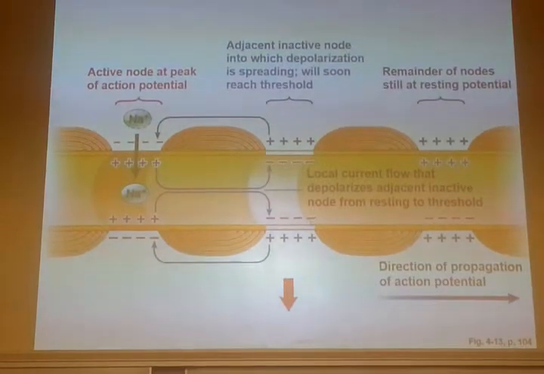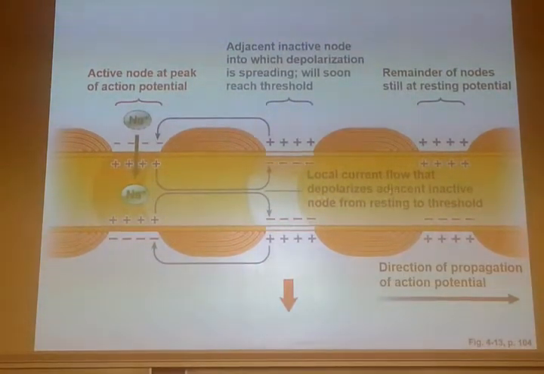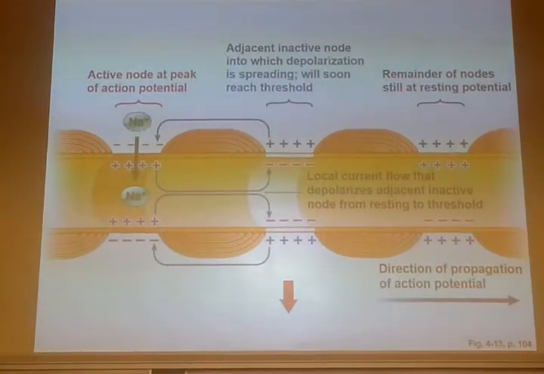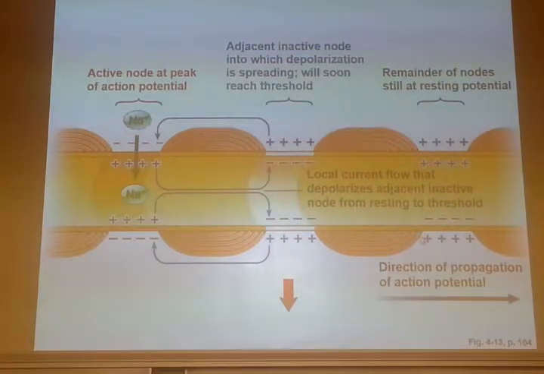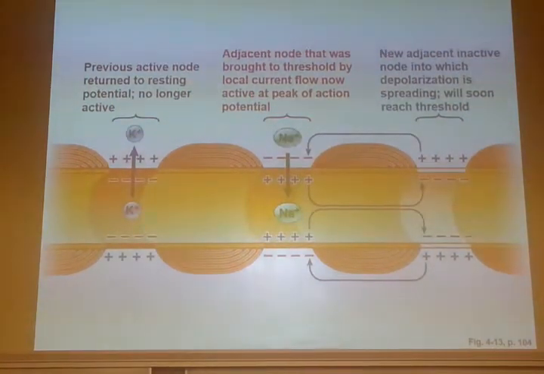Downstream, sodium's rushing in, and you get current flowing in both directions, but you're in a refractory period upstream, and you're at resting membrane potential downstream, so you get a regeneration of the action potential at the downstream node. So this shows you that the sodium that entered the first node activates the second node. You're in the relative refractory period now that the potassium channels are open. This makes it really difficult for that sodium to generate another action potential upstream.